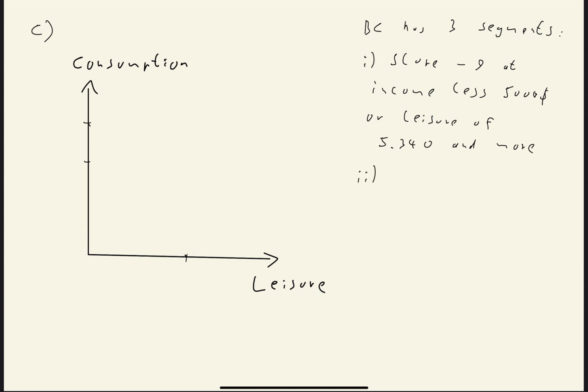Second, it will have a slope. The reason for this first case is that for the first $5,000, you pay taxes of 10%.